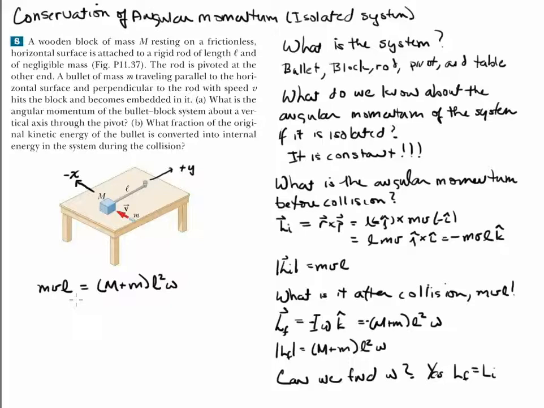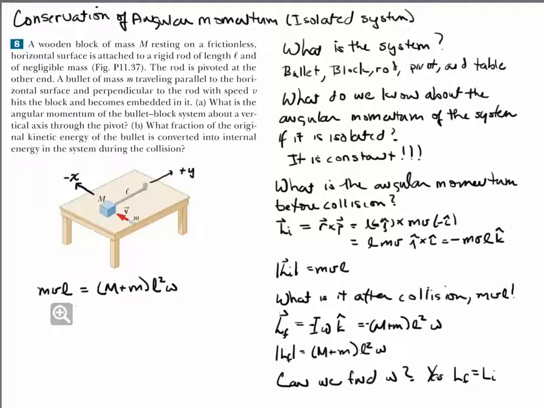We consider that we know m, v, and capital M and L. Our goal is to find this angular velocity omega. And we perform some algebraic steps and we find that the angular velocity is equal to mv over quantity M plus little m times L. Now we can go ahead and use that to solve part B, which I leave in your hands to determine.